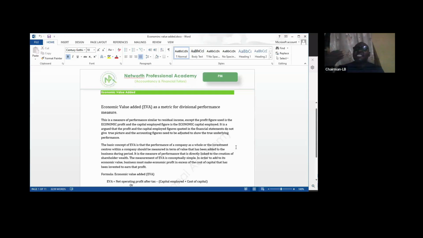How do we assess performance of a division? Precisely last week, we looked at financial performance evaluation methods. We can use financial measures to evaluate divisional performance.